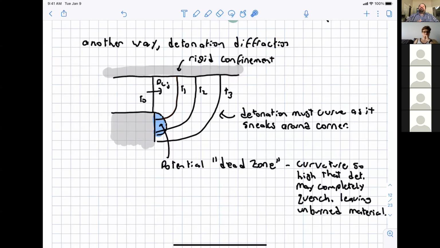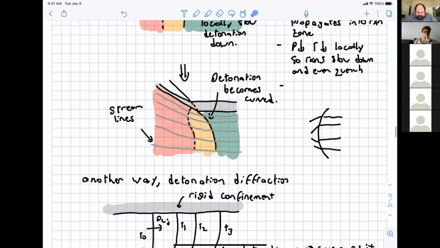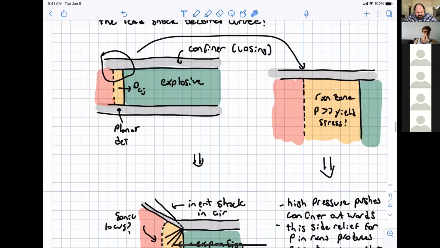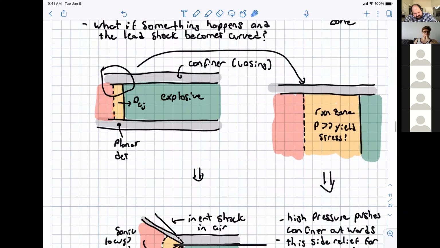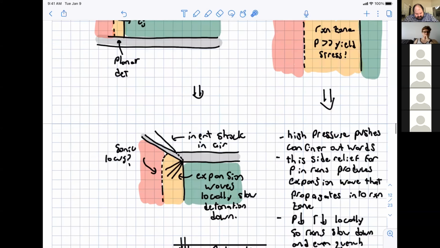If something is happening to the lead shock of the detonation, Z and D theory can't possibly take that into consideration. And this up here is also a multidimensional effect, and Z and D theory can't possibly account for that either.